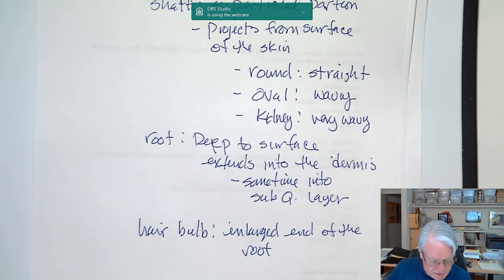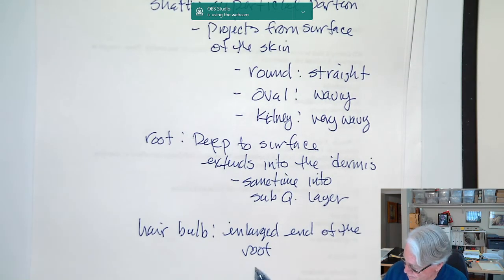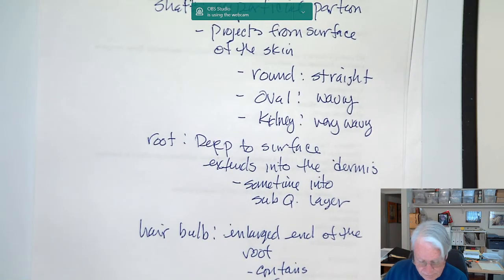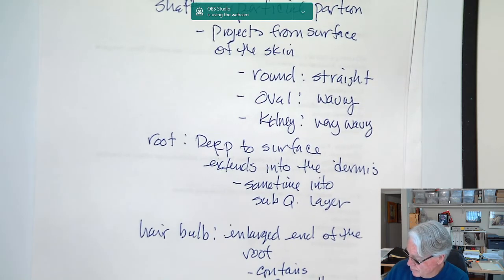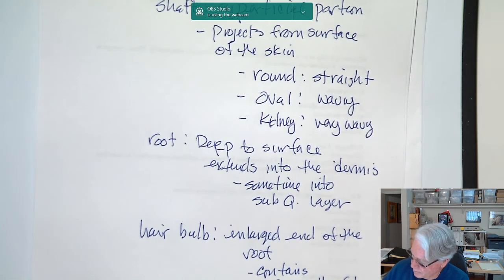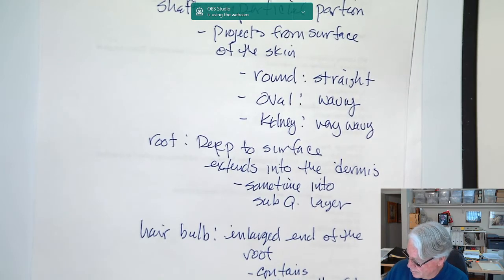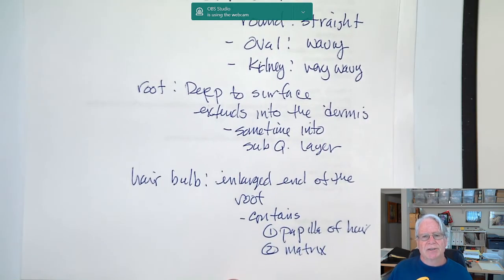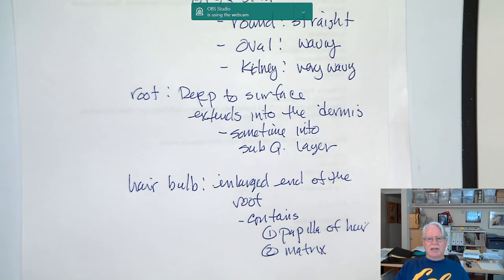And it contains the matrix and the papillae of the hair, which we'll talk about in just a bit. So let's go ahead and identify that in our drawing. So the hair bulb is the enlarged end of the root. It contains the papillae of the hair and the matrix.